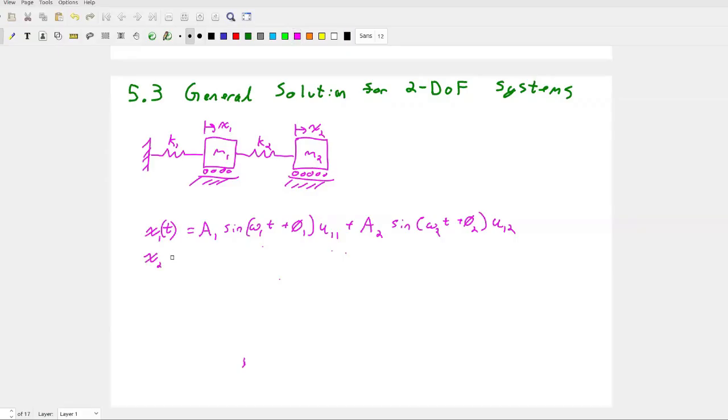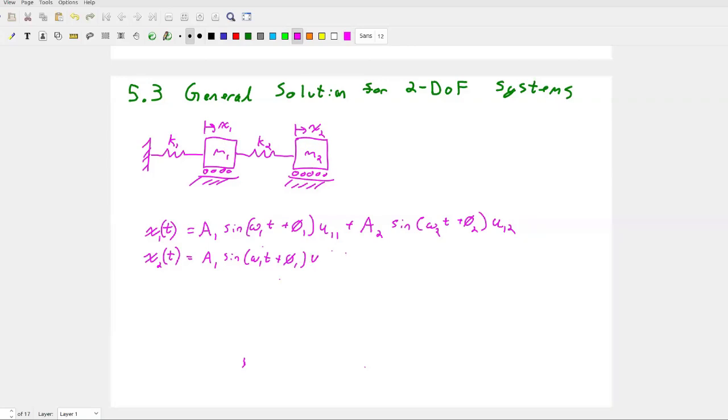x2 of t is going to be pretty much identical. I'm going to have amplitude of A1 sine of omega 1 t plus phi 1, close bracket. So everything up to that point is perfectly identical.